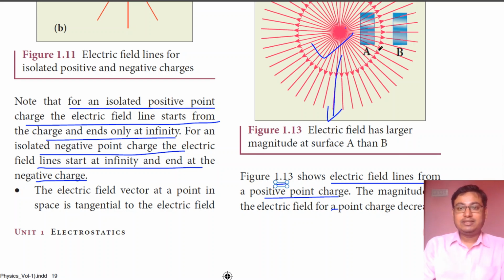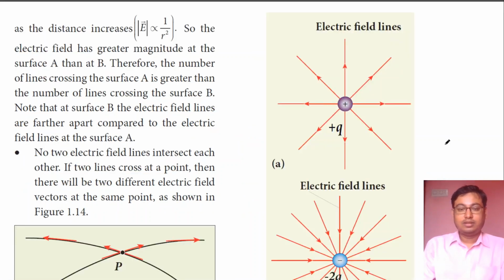With this region A and region B. Region B is at a greater distance than region A, and that is why the number of electric field lines passing through region A is more than through region B. So we can say that the electric field is inversely proportional to the square of the distance from the given point charge.